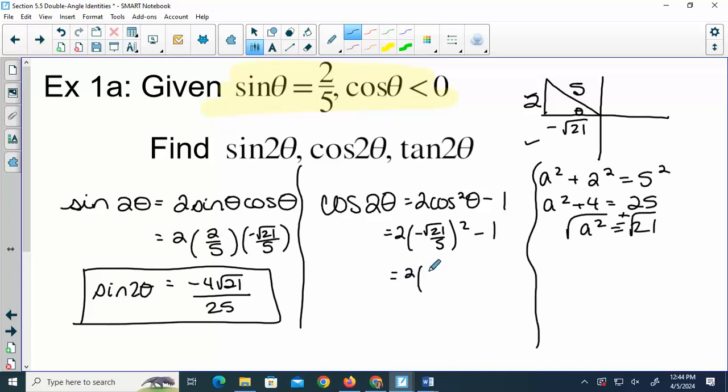Negative radical 21 times negative radical 21 is a positive 21. 5 times 5 is 25. Okay. So 42 over 25 minus 1. Get 17 over 25.